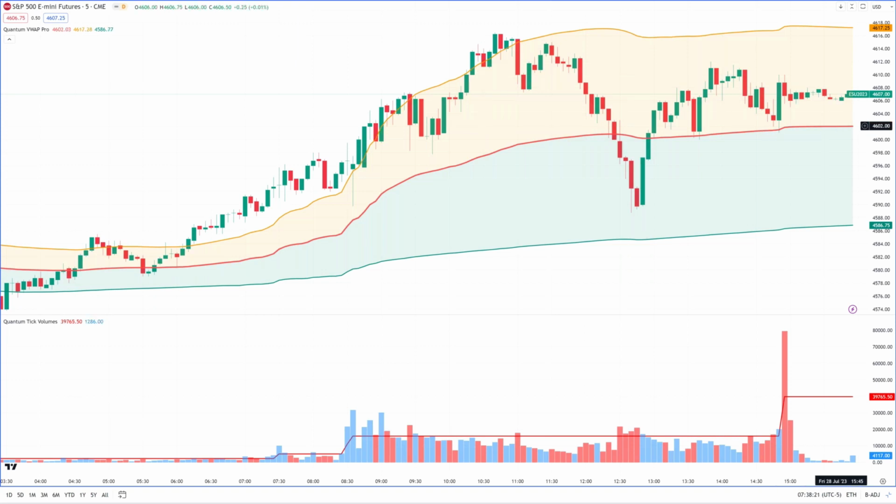The analogy I've used elsewhere is very much like the VPOC, another volume-based indicator, the volume point of control, where price is very much in balance at that point because you've got the heaviest concentration of volume. Well, here it's very much in terms of price dictating the magnetism of the VWAP, and how the price revisits this and bounces off it. So that's the way to use it.